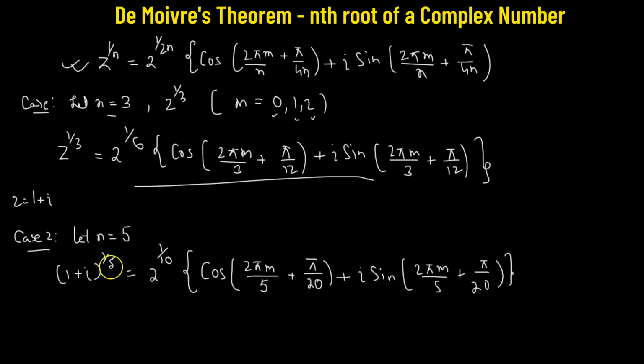Now here we have to find the fifth root of the complex number z, so we have to consider 5 values of m. Here m can take the values 0, 1, 2, 3 and 4. For these 5 different values of m, we will get 5 distinct fifth roots of the complex number 1 plus iota.